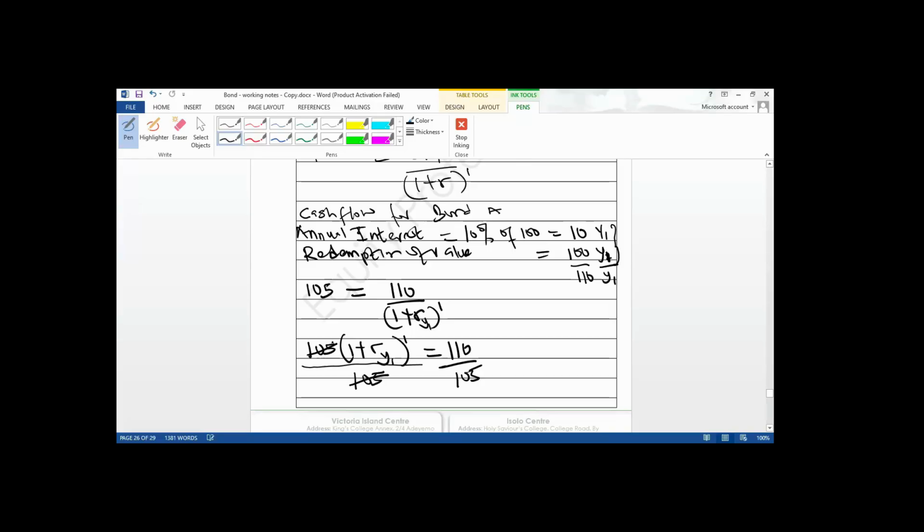Please apply your calculator: 110 divided by 105 gives 1.047, or 1.05.